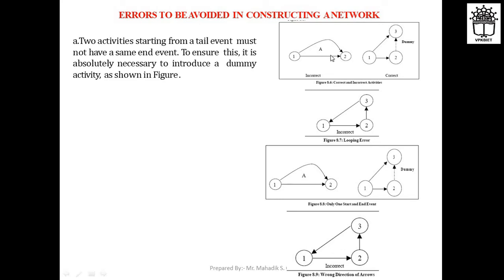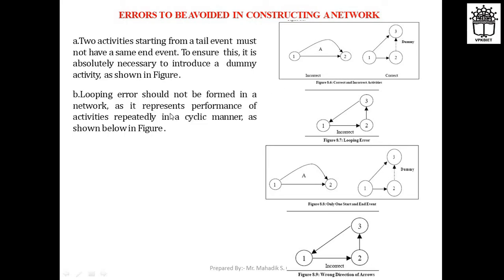Each activity should have its own end event. If they come to the same event, this will not be the correct network diagram. For that you can provide a dummy activity, like this.